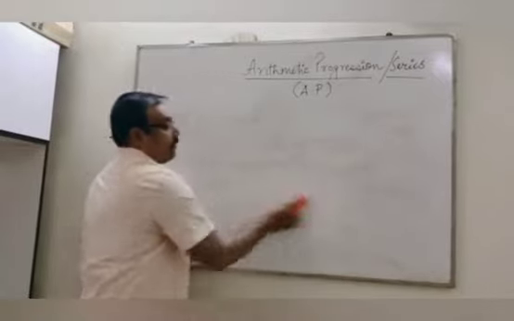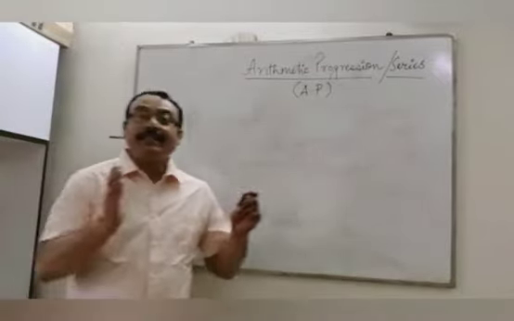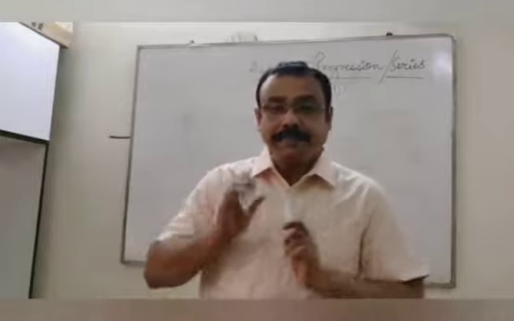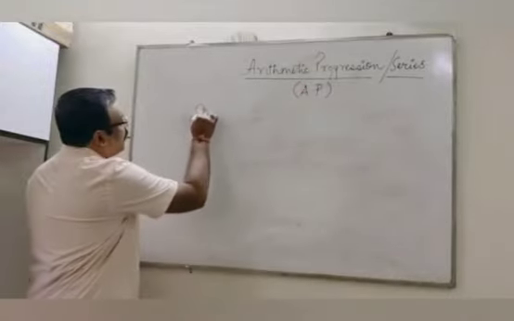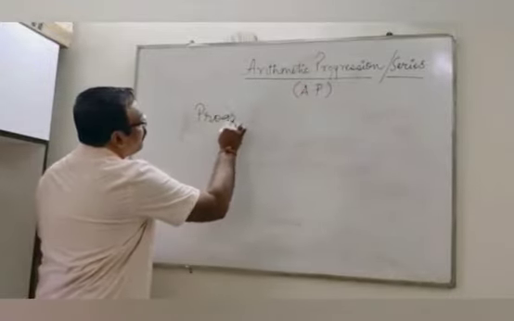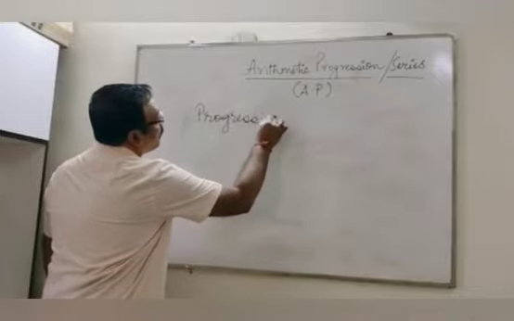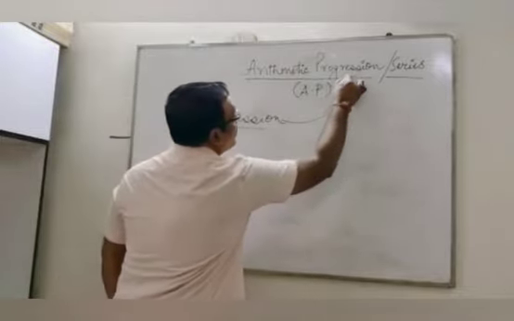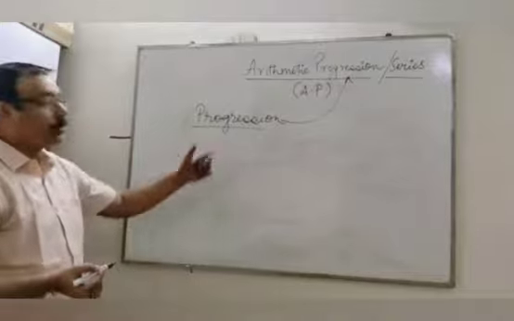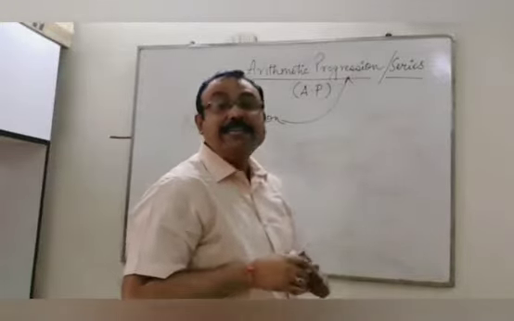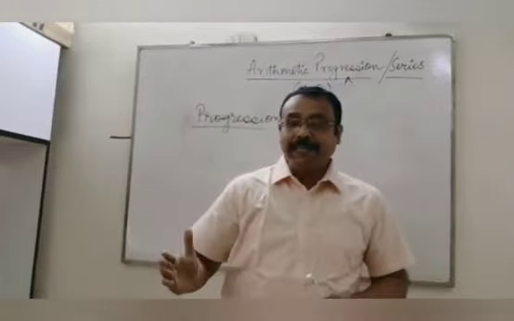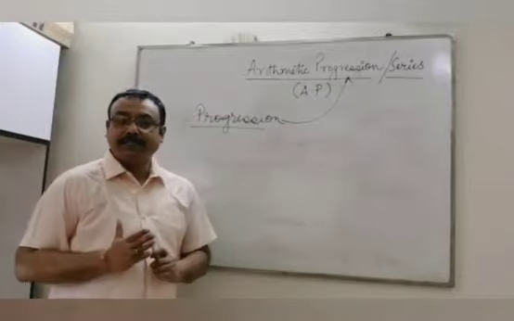Now, we have learned what is a sequence and what is a series. Now we get into the word progression. What is a progression? A progression is a sequence or a series having n number of terms in it.